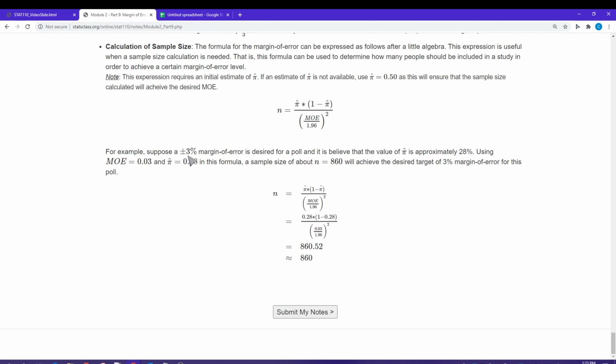So suppose they are doing a poll and we anticipate that about 28% or so will respond in a certain way in the poll. And I want a 3% margin of error for that quantity. Well, you can input those values into this formula, and a statistician can tell you that you're going to need about 860 people in order to obtain that level of precision.